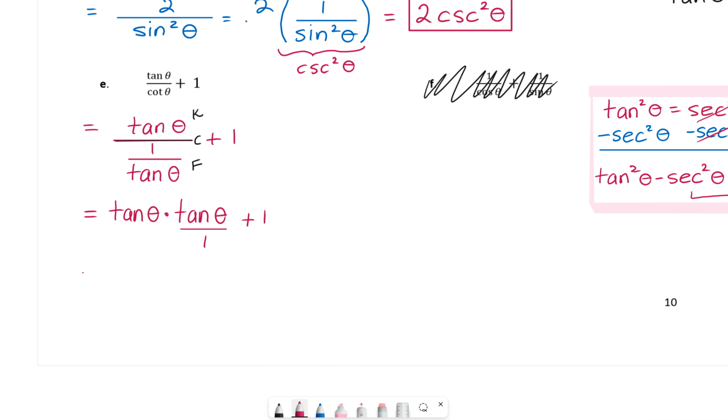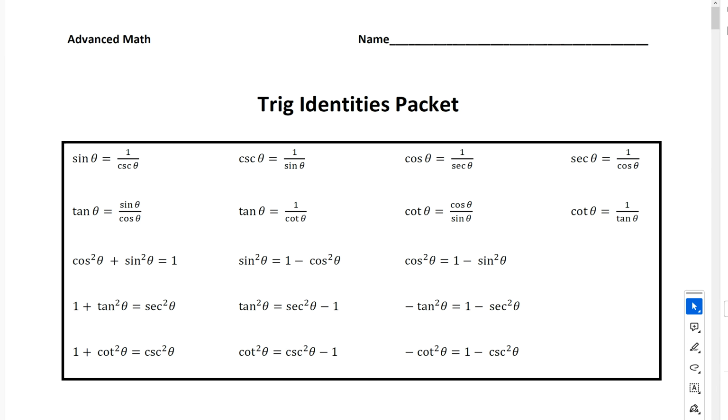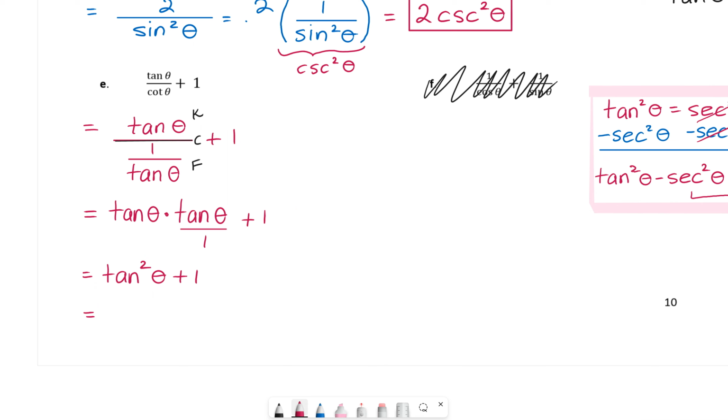But tangent times tangent is tangent squared theta, plus 1. And tangent squared theta plus 1 is what? Well, if you come over here, tangent squared theta plus 1 is this one right here on the second to last row. It is replaced by secant squared theta. So secant squared theta. And that's our final answer.